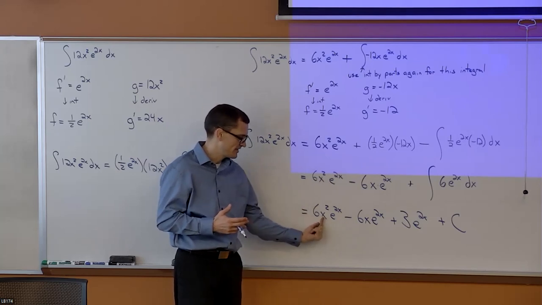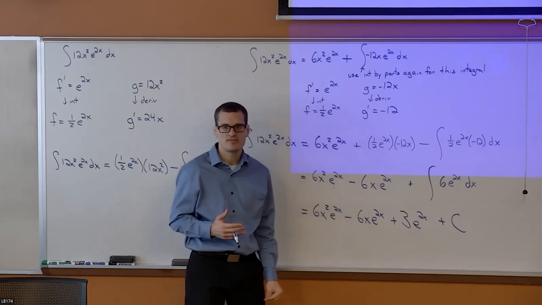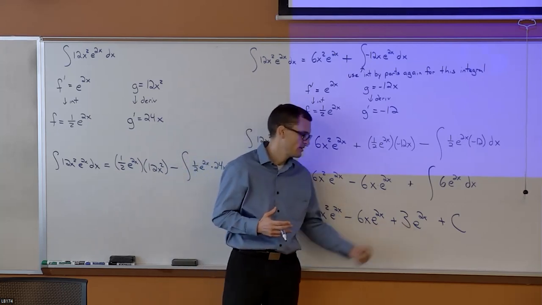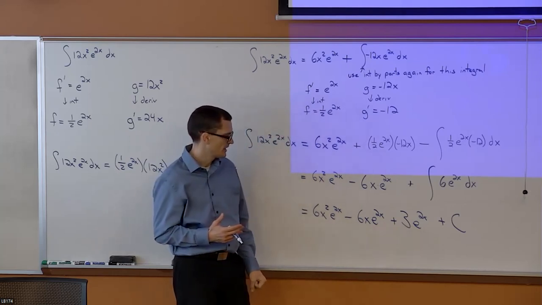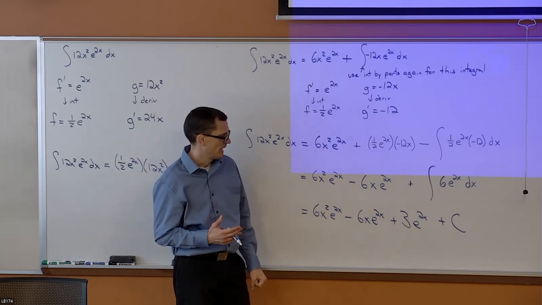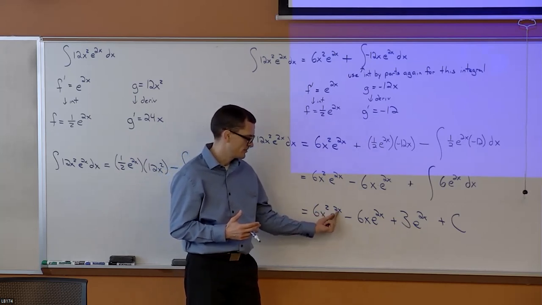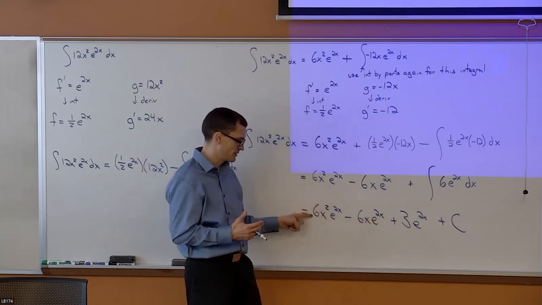Notice that this had an x squared in it, this was an x, now we had, right? So we're taking derivatives of the polynomial as we go to the right, okay? And then we're integrating this, so we're dividing by 2 each time. So the polynomial will get multiplied.